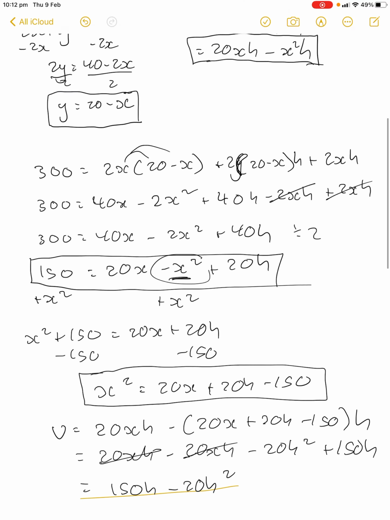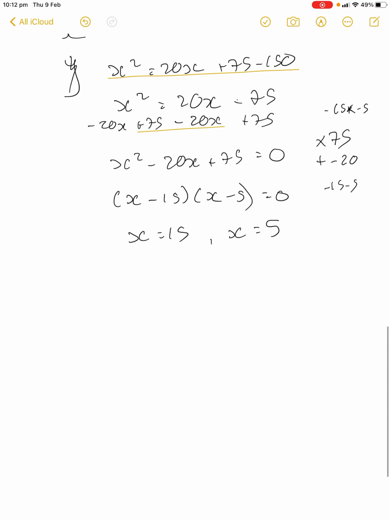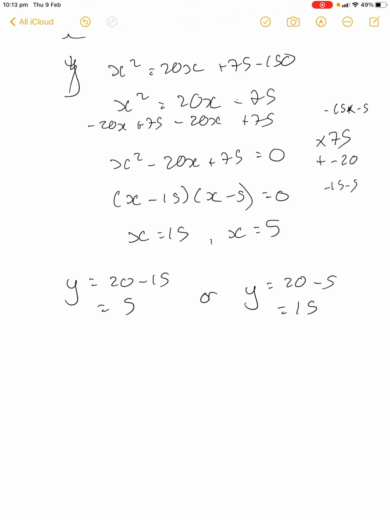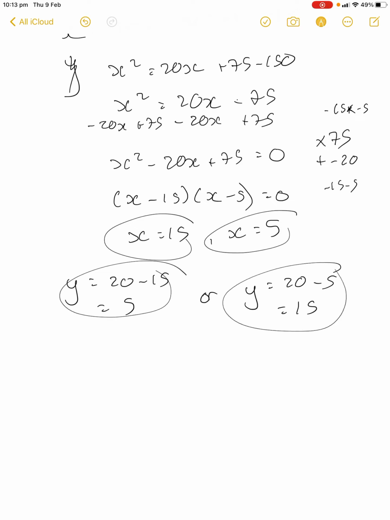Now we can go back to our y. 20 minus x. So y is 20 minus 15, which is 5, or y is going to be equal to 20 minus 5, which is 15. The reason we end up with this is because of how we've constructed our equation. We notice that these end up being pairs. So when I'm picking my answer, I only need to pick one of these two pairs.